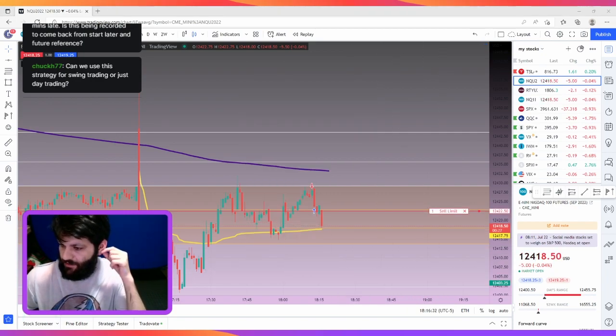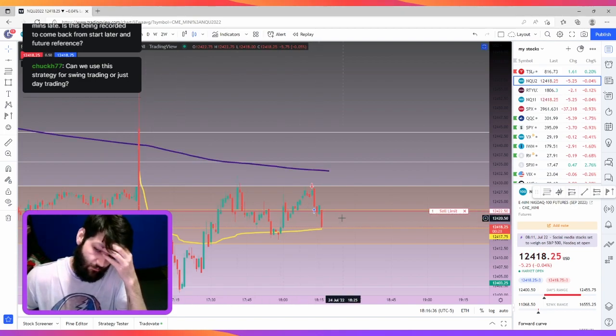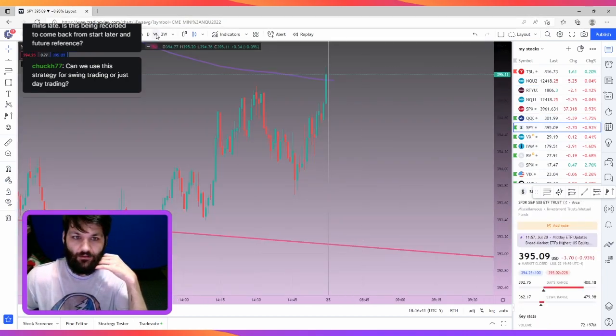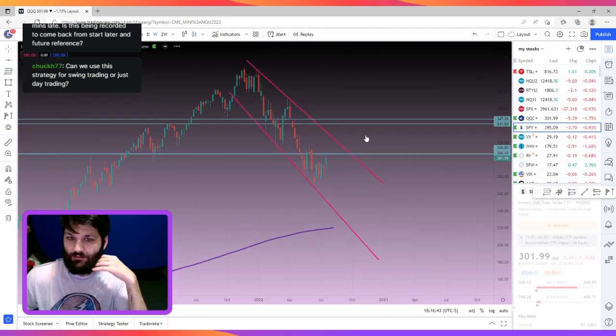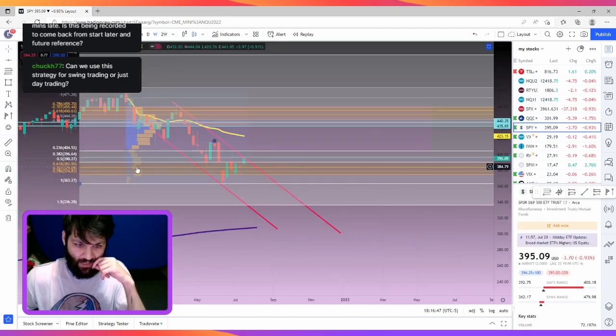Can you use this strategy for swing trading or just day trading? You can use it for swing trading as well. So that's what I did with QQQ and SPY. So if you look at it here, right? This is 6 months ago. I created a VWAP.